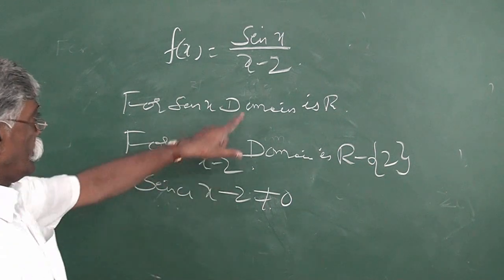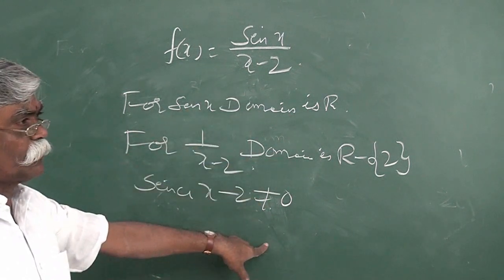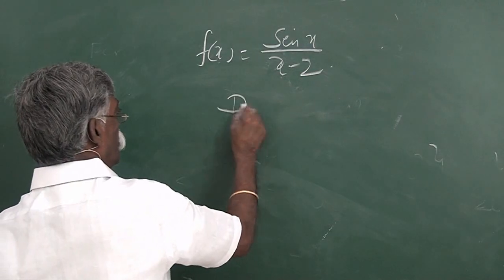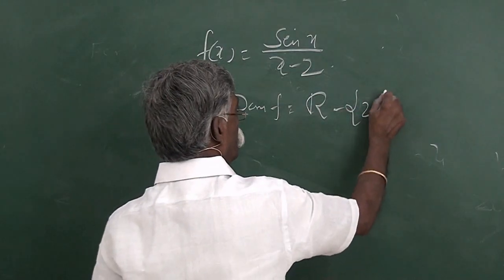Therefore, the common domain which satisfies both is R minus 2. Therefore, domain of f is equal to capital R minus 2.